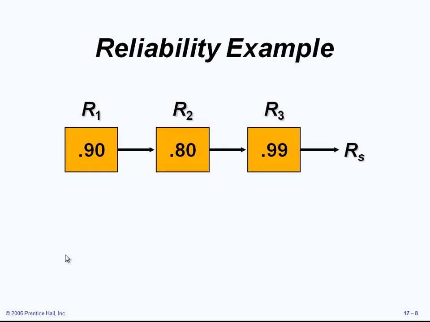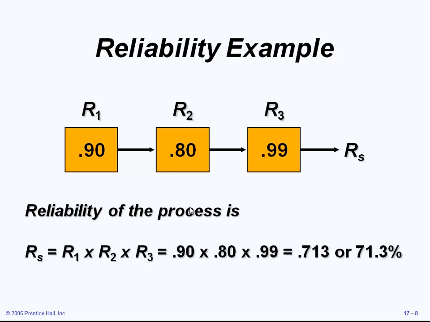Let's calculate the RS for this system. So the overall reliability will equal R1 times R2 times R3, which will lead to an overall reliability of 0.713 or 71.3%. And that's the overall reliability of the system.